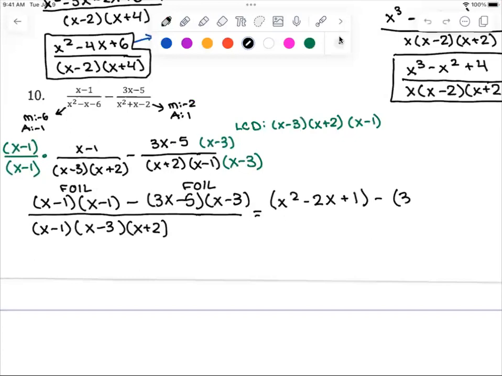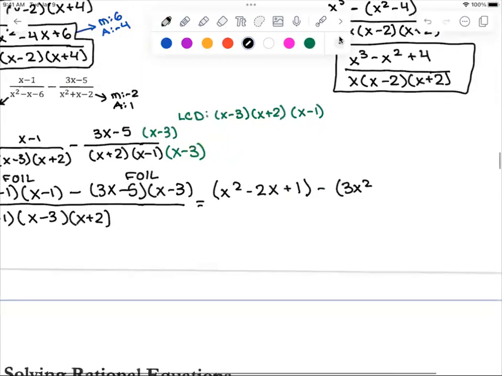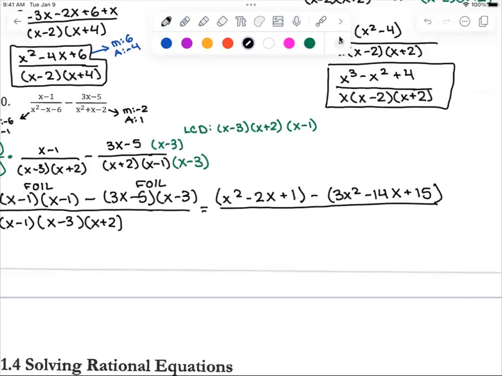Minus, so that was the first part, minus the second foiling here. 3X times X is 3X squared. 3X times negative 3 is going to be a negative 9X. And then I'm also going to get a negative 5X, so it's going to be a negative 14X. And then the last, negative 5 times negative 3 is positive 15. And that is going to be all divided by X minus 1 times X minus 3 times X plus 2.